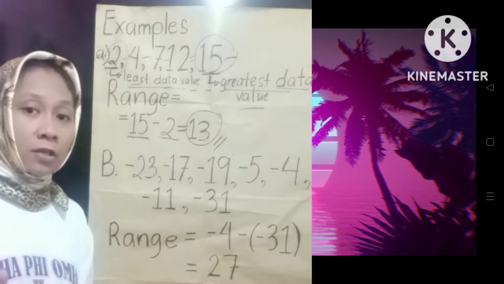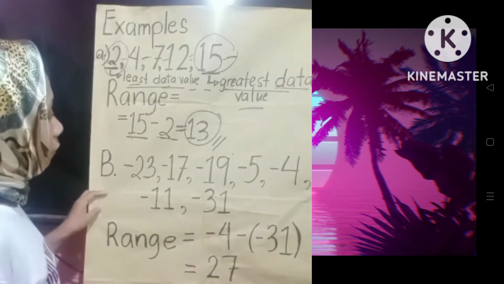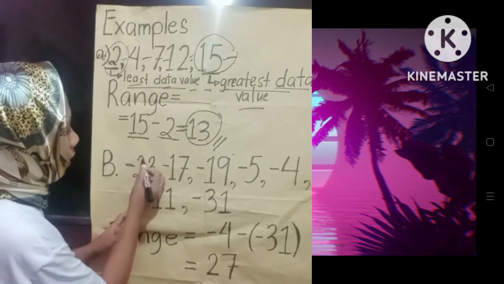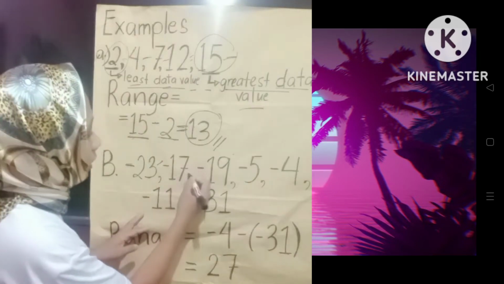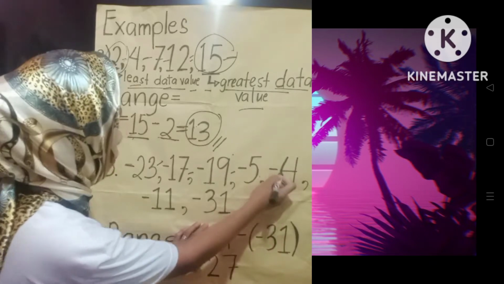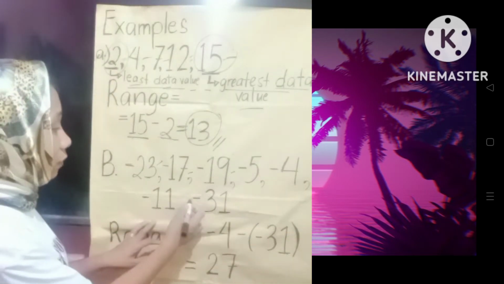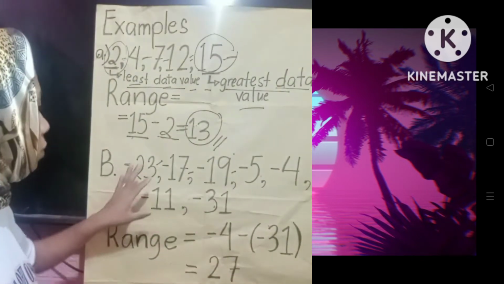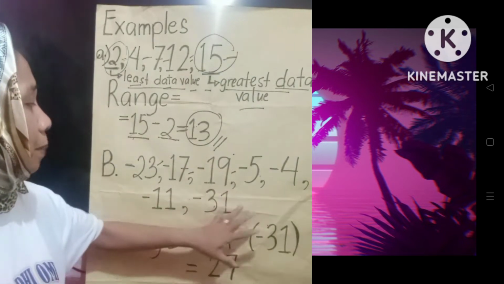So, I have another example: negative 23, negative 17, negative 19, negative 5, negative 4, negative 11, and negative 31. Dito sa example na ito, ano yung pinakamalaking value?